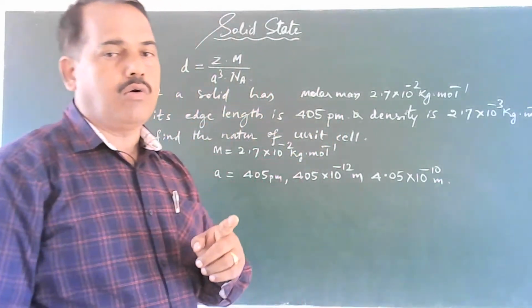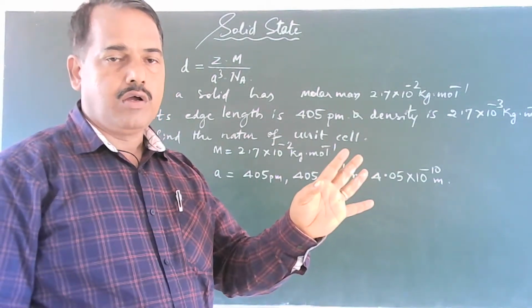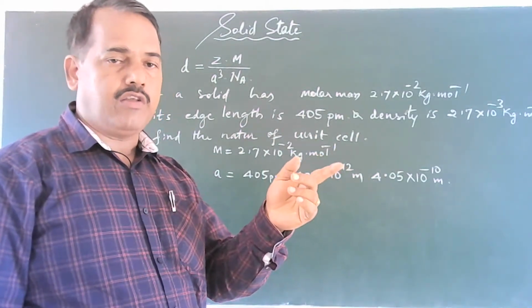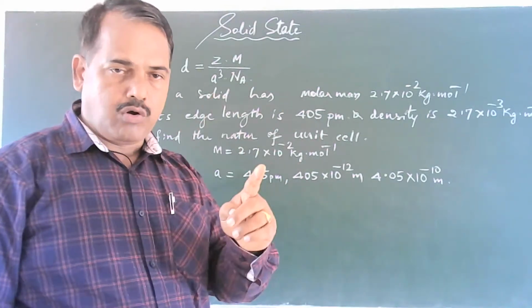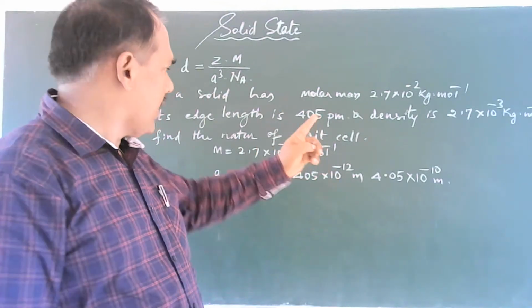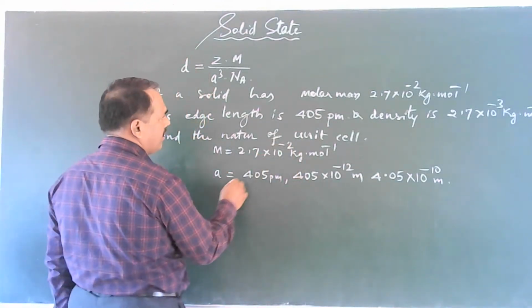So 1 picometer is equal to 10^-12 meter. Don't get confused: 1 nanometer is equal to 10^-9 meter, and 1 picometer is equal to 10^-12 meter. Just try to convert that.